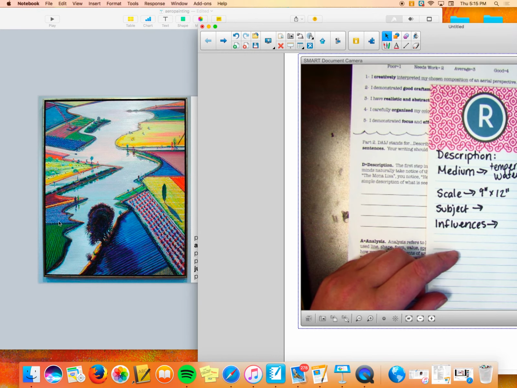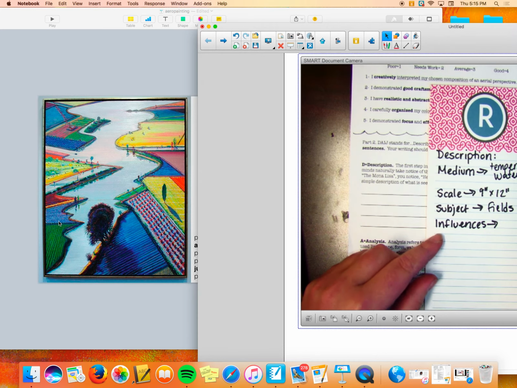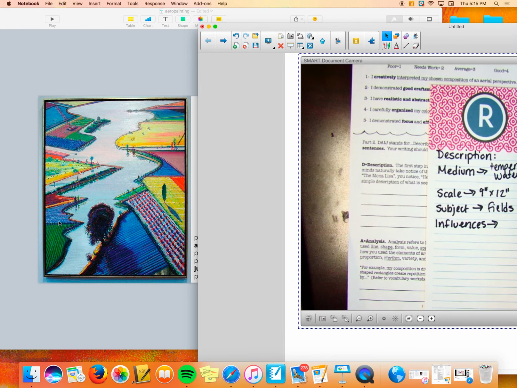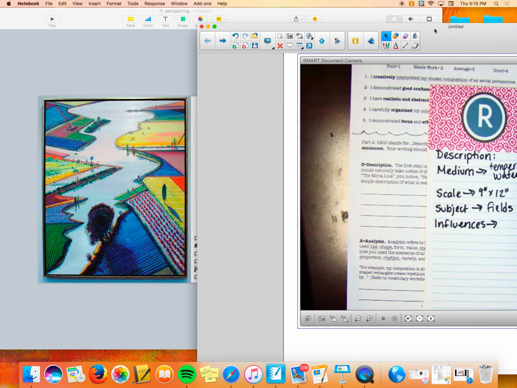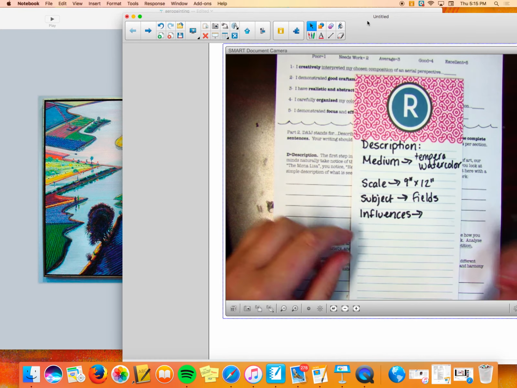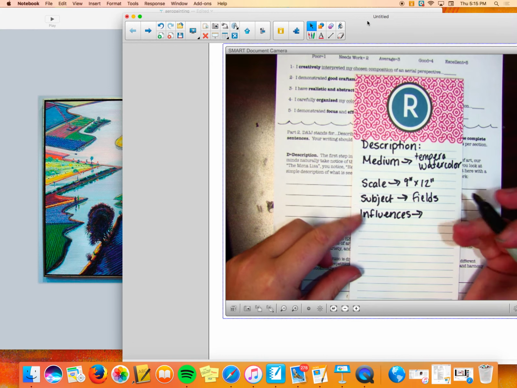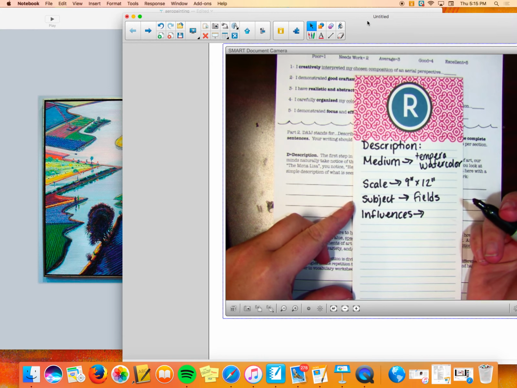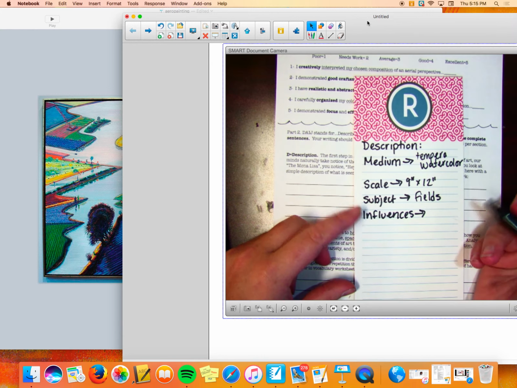That's the subject. Then the influences have to do with maybe an artist or art movement that we studied. So in this particular painting assignment, we were looking at Wayne Thiebaud's aerial viewpoints of landscapes. So that's your influence. That's the reason behind your painting.